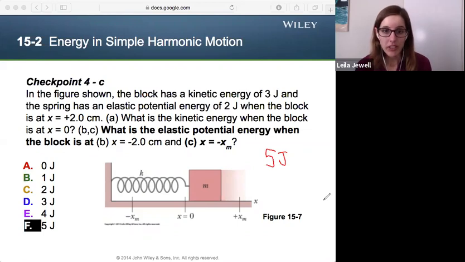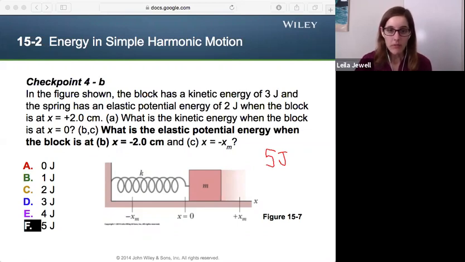Then when we think about elastic potential energy, if we are at -2 centimeters, notice the elastic potential energy equation is 1/2 k x squared. So the negative doesn't matter. It just depends on how far you are from equilibrium. So it should be exactly the same as when we're at +2 centimeters, 2 joules.